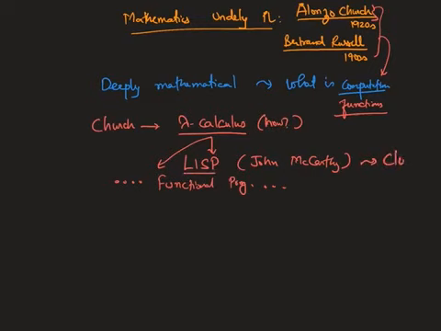The latest, greatest version is called Clojure, which is a Lisp that runs on the JVM, just like Scala runs on the JVM as well. So Lisp is a very active programming language. There are dialects of Lisp called Scheme and so on, and these are directly inspired by lambda calculus.